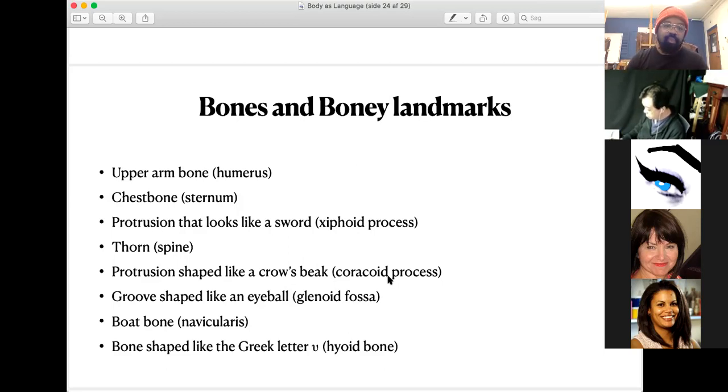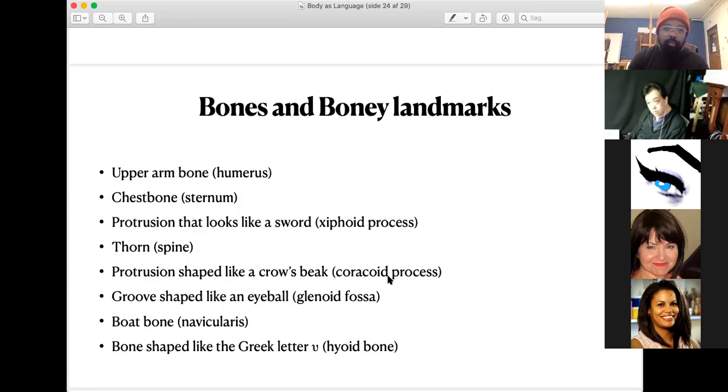And for me, when I think about that eyeball shape and how that humerus bone locks in there, I can then start to compare, for example, the glenoid fossa to the acetabulum in the pelvis, the vinegar cup. Those two have very similar functions in terms of why these grooves exist in the body.